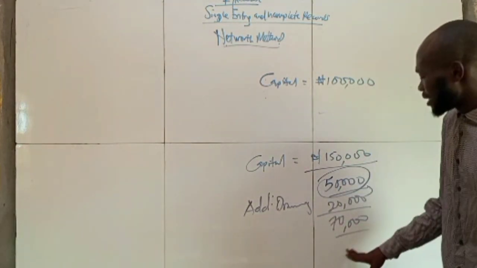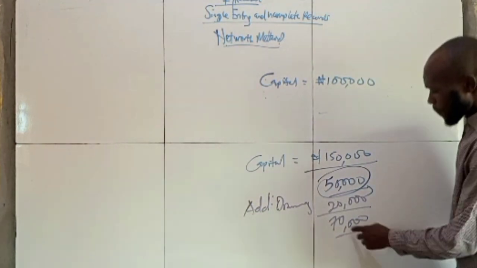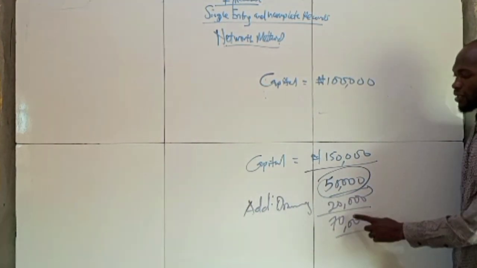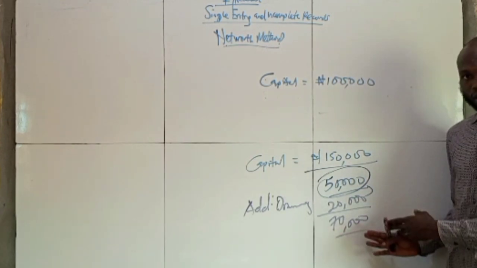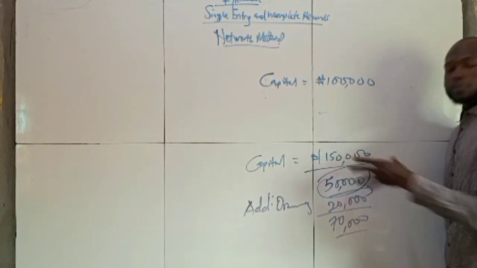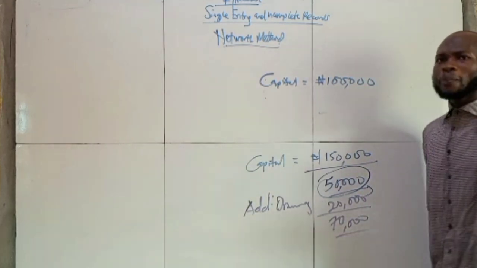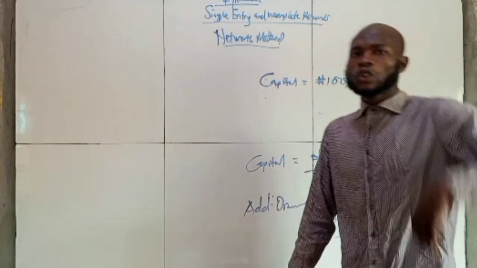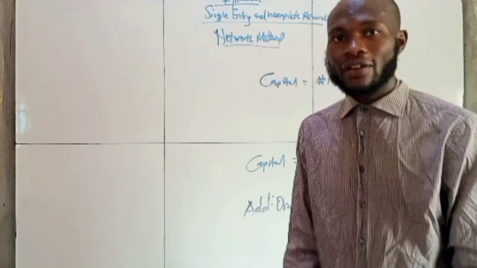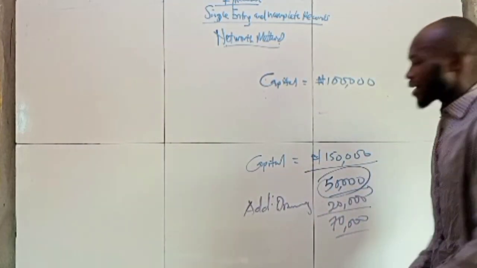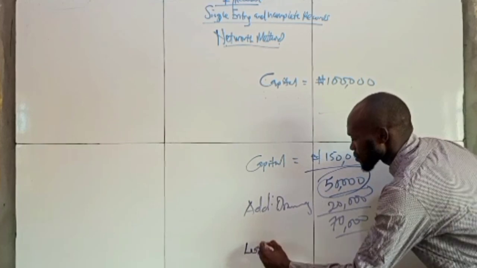The reason for deducting it is that the profit will not be 70,000 again. Remember, we added 20,000 in the case of drawings to the actualized profit, which is 50,000. So if perchance the person has brought in, let's just say, 15,000 additional capital, we rather deduct it.